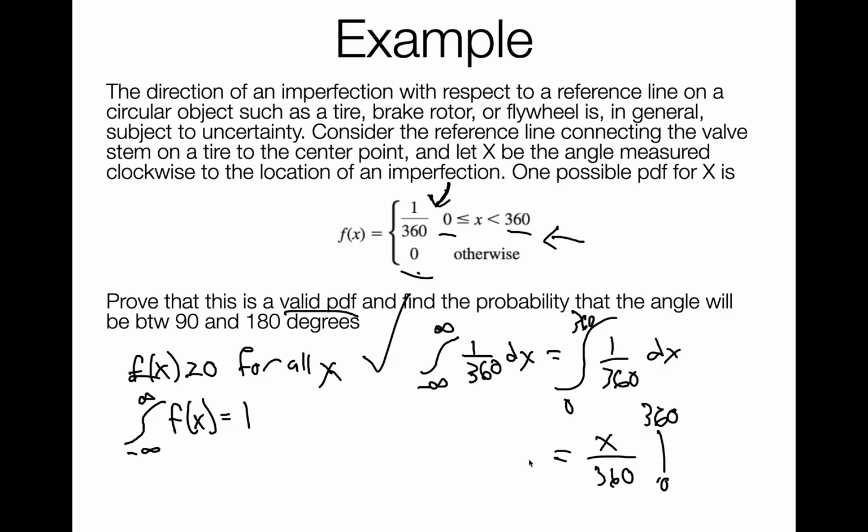You plug in 360 and you plug in 0, and you get 360 divided by 360 minus 0 over 360. And so that's 1 minus 0, or 1. And so lo and behold, the integral from negative infinity to infinity is 1, and so that's sort of checked as well.